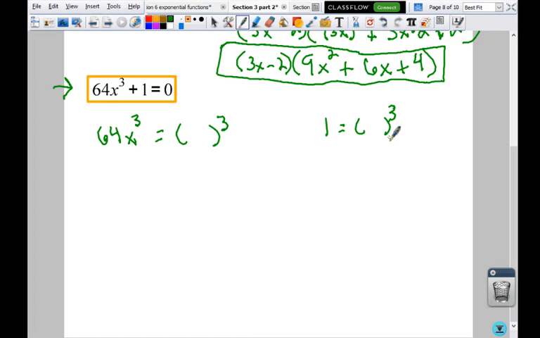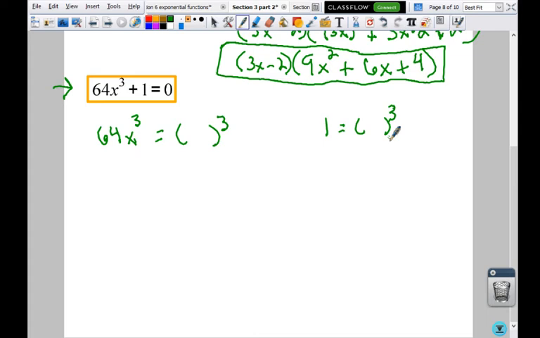Alright, so we need to figure out how I can rewrite 64 as something to the third. I don't know off the top of my head, x cubed. The easiest way to do it is pick numbers. So I'm just gonna start with 2. Is that equal to 64? So I'm gonna delete 2, and I'm gonna try 3.